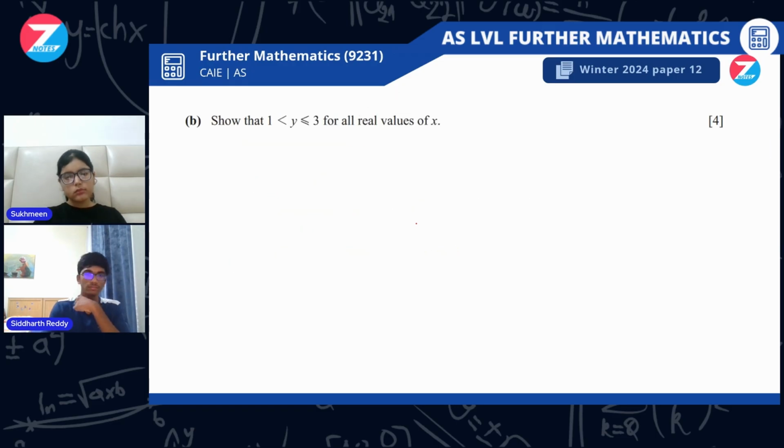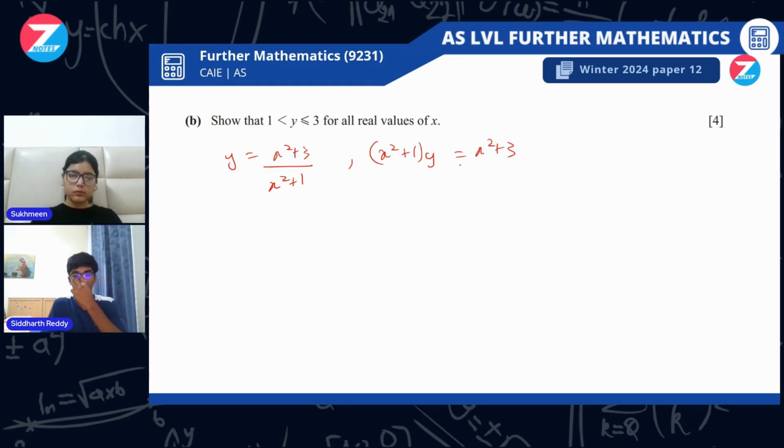Show that y is between 1 and 3 for all real values of x. Okay. So we have y is equal to x square plus 3 by x square plus 1. So we can write this as x square plus 1 into y is equal to x square plus 3.